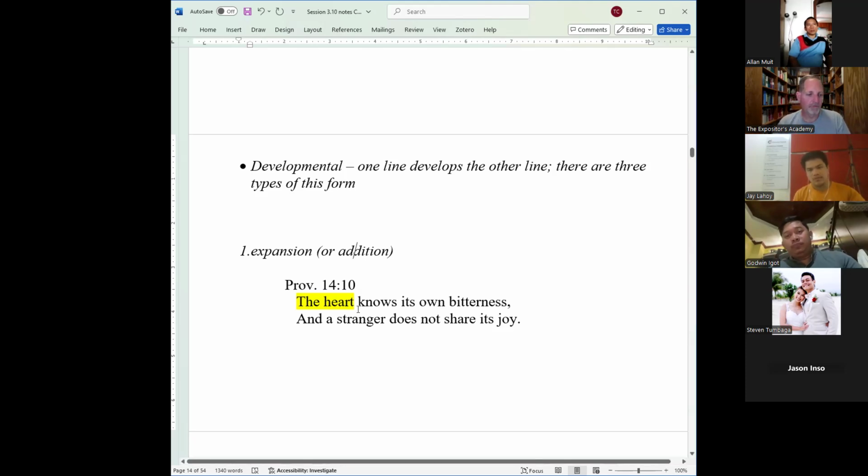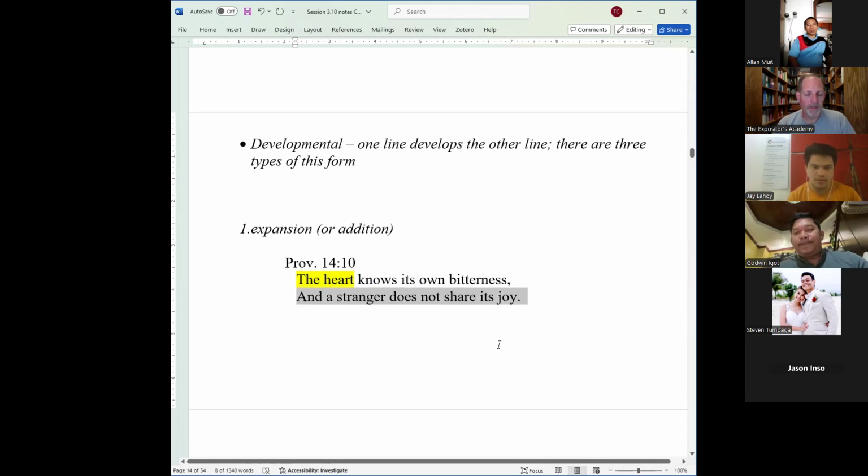It's not contrasting. So, for example, here: the heart knows its own bitterness, and a stranger does not share its joy. These lines are talking about the same thing. They're referring to the heart in some way, but it's not a synonymous or contrastive reference. The second line is adding new information. The first statement, the heart knows its own bitterness, and then it doesn't say, and the soul understands its sorrow.